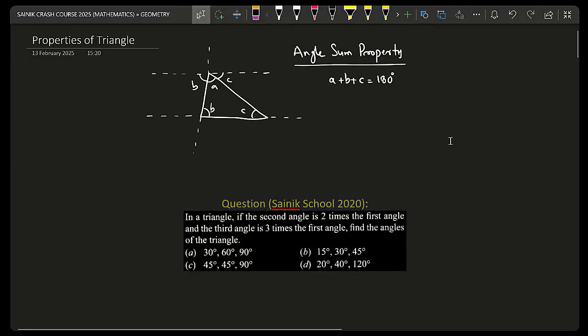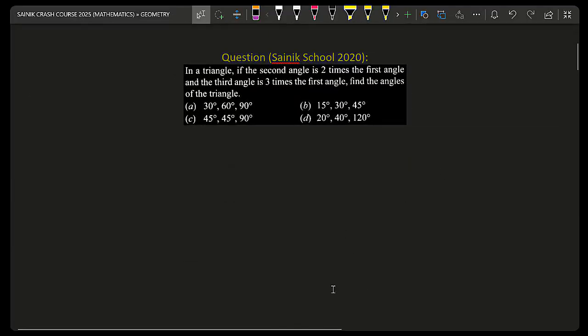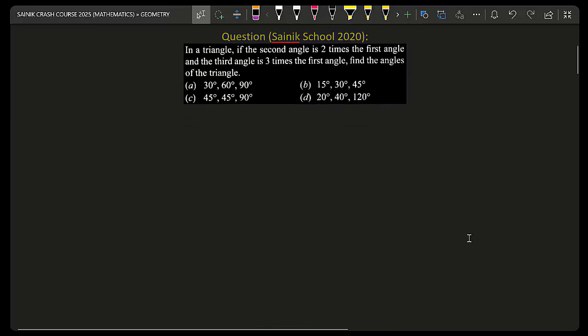What is the angle sum property? In any triangle, the sum of all the interior angles is 180 degrees. This question came in the 2020 exam. In a triangle, if the second angle is 2 times the first angle and the third angle is 3 times the first angle, find the angles of the triangle.